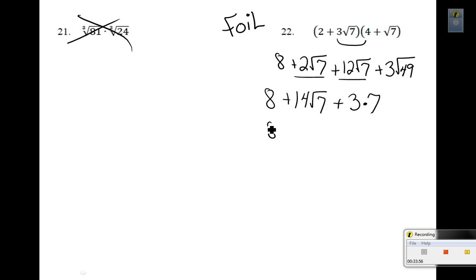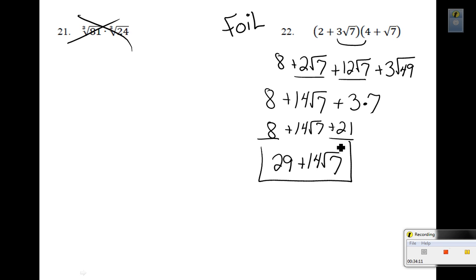So I really have 8 plus 14 radical 7 plus 21. Ending answer, combine those, 29 plus 14 radical 7. So good old FOIL. We did this exact problem in the previous chapter when we was working with the square roots.